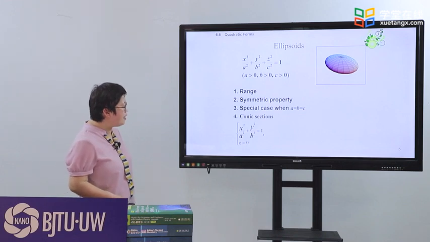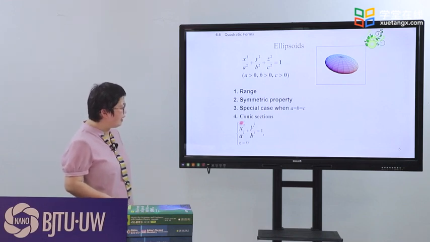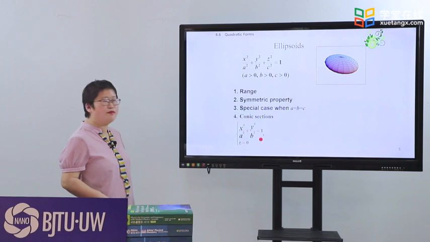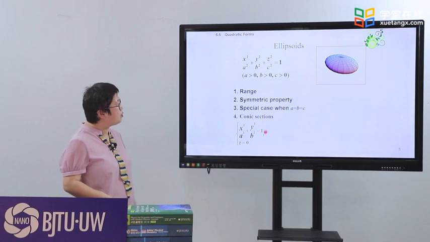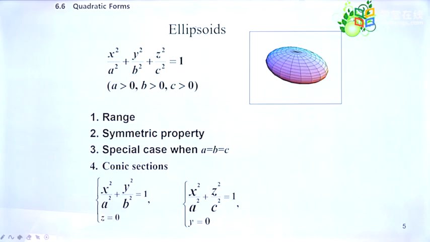So if z equals 0, you will have this ellipse, x power 2 divided by a power 2 plus y power 2 divided by b power 2 equals 1. If y equals 0, you can get also an ellipse with mathematical formula here. And if x equals 0, you will also get the intersection as a conic section ellipse.